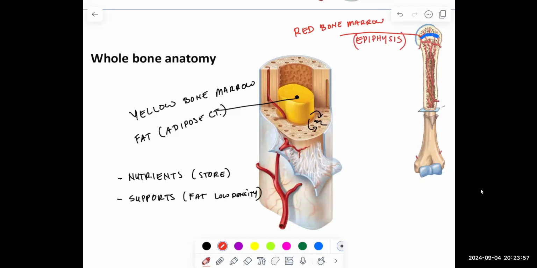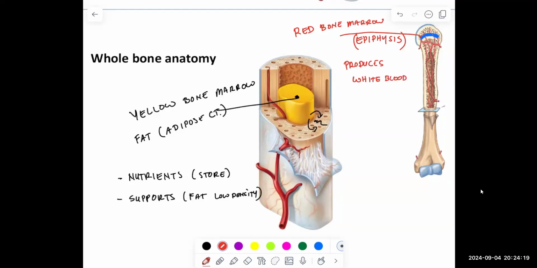What is the function of red bone marrow? To produce what? What type of cells? Blood cells. What type of blood cells? All of them. Many students think because it's red, it only produces red blood cells. It produces white blood cells.